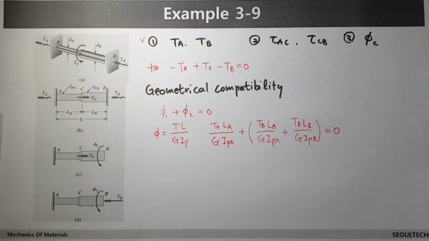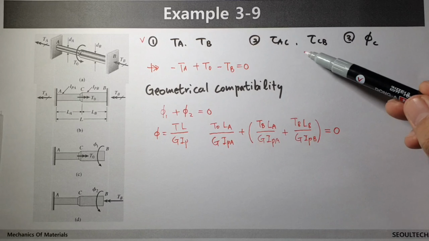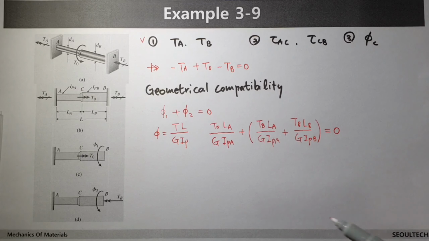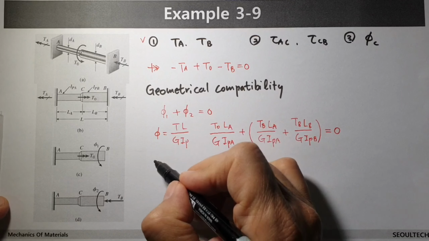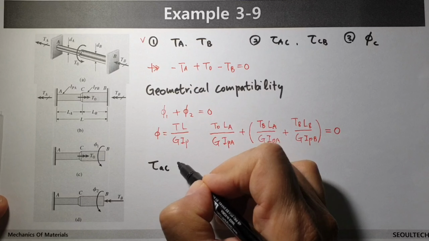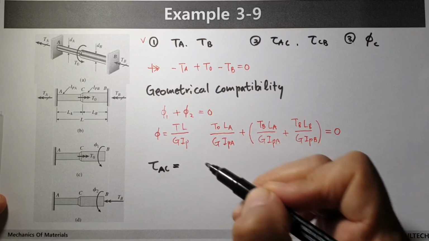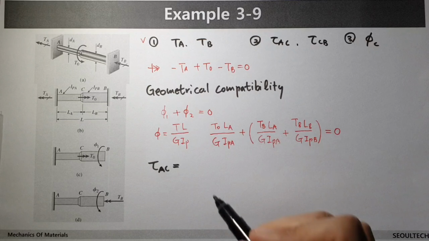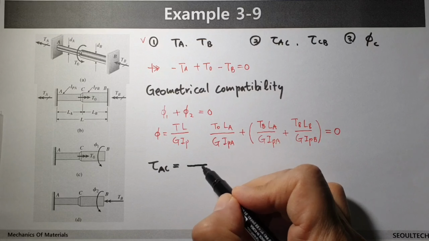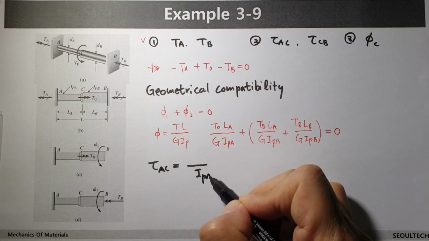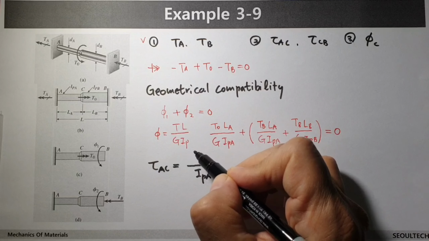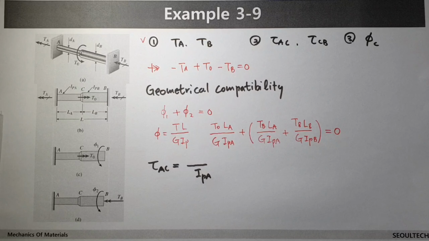Okay, let's move on to the next one. The next question is shear stress tau AC. This is what we can apply, tau equals T R over IP. Let's say TA.